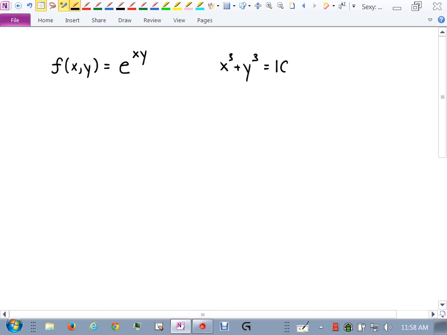I won't show you the picture yet of what this looks like. So I'm going to have 3 equations.